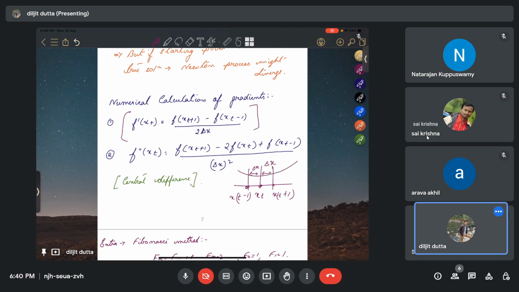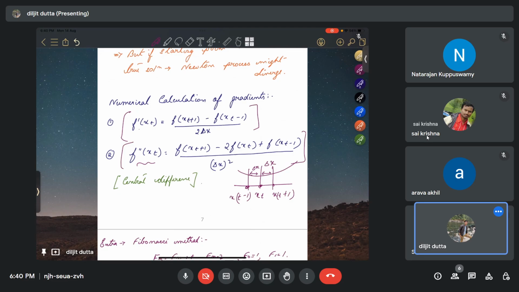So this is for getting f dash of x_t, and for getting the double derivative it will be f of x_{t+1} minus 2 into f of x_t plus f of x_{t-1}, divided by delta x square. So these formulas are also obtained from the Taylor series. You can go through any numerical methods book, or I think you might have studied them in your BTech courses.